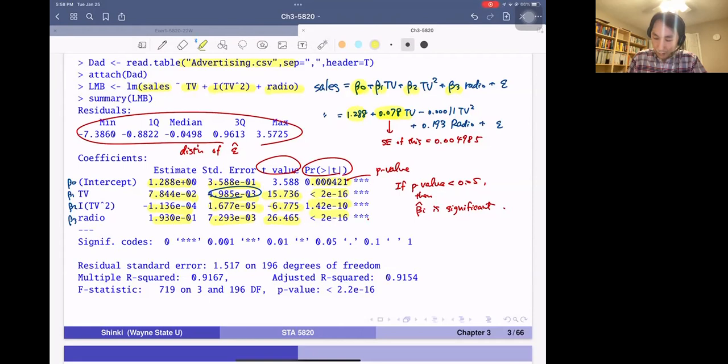If we replace the truth by the estimate, then epsilon also becomes epsilon hat. This is called residuals. The residuals distribution is here. The average is 0, but the median is negative 0.049, the minimum is negative 7.3, and the maximum is 3.5. So it's probably skewed to the left. Okay, so some observations are really small.